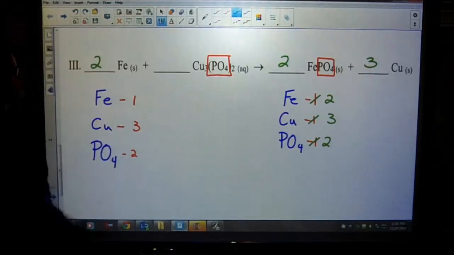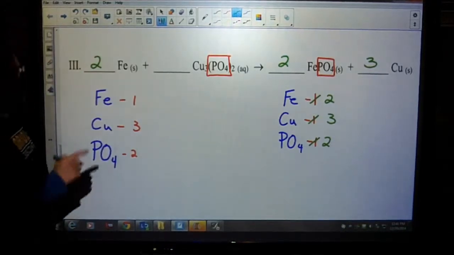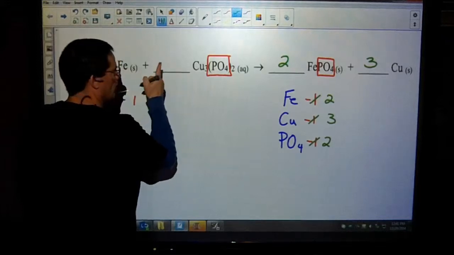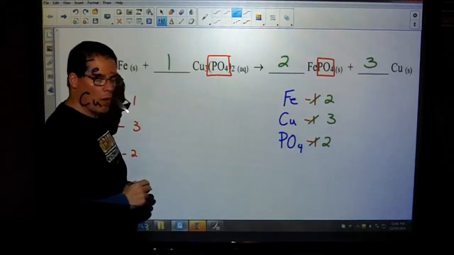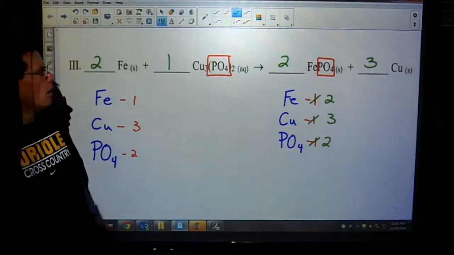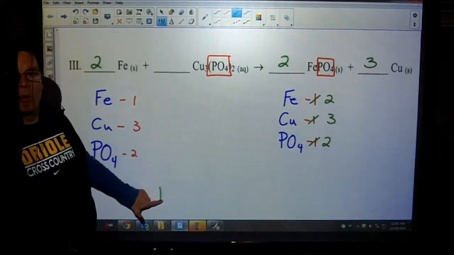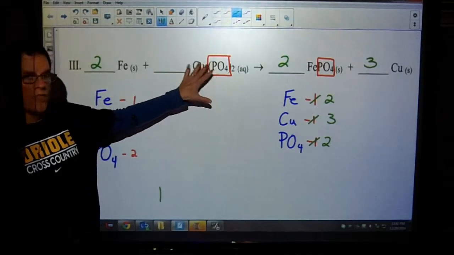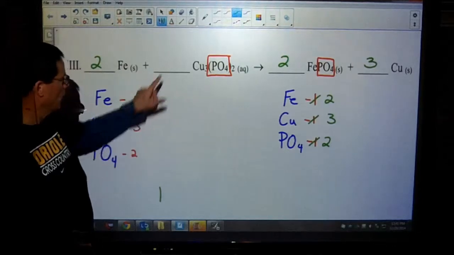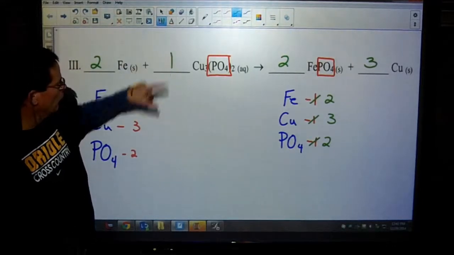doesn't. We're done. Now, if you don't feel good about leaving that blank and you want to put a 1 there, that's okay. But it's also okay if you don't put a 1 there. If we have at least one thing showing here, it's understood that that 1 is present.